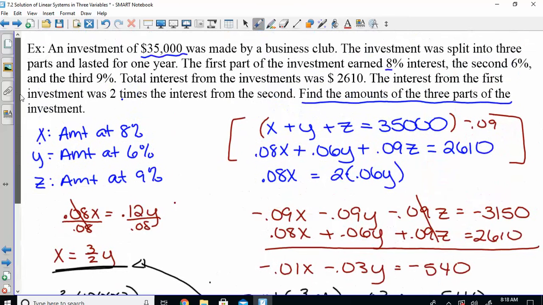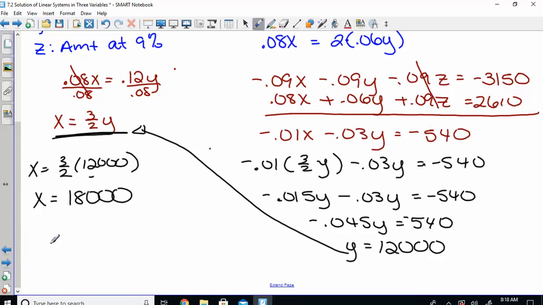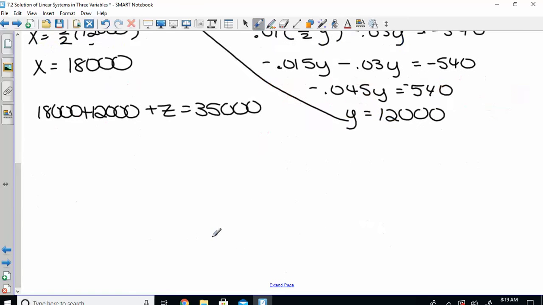And then plugging back in, the original x plus y plus z was 35,000, so 18,000 plus 12,000 plus z. So we get 30,000 plus z equals 35,000. Subtract that over and your z is 5,000.